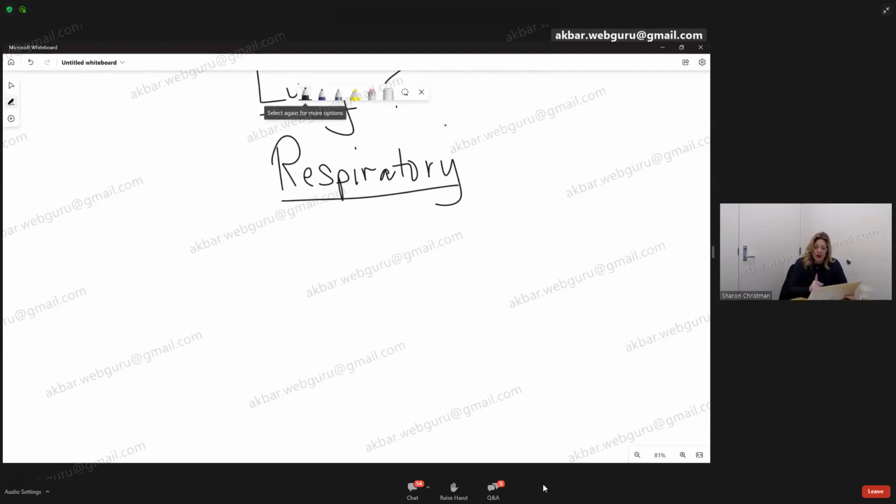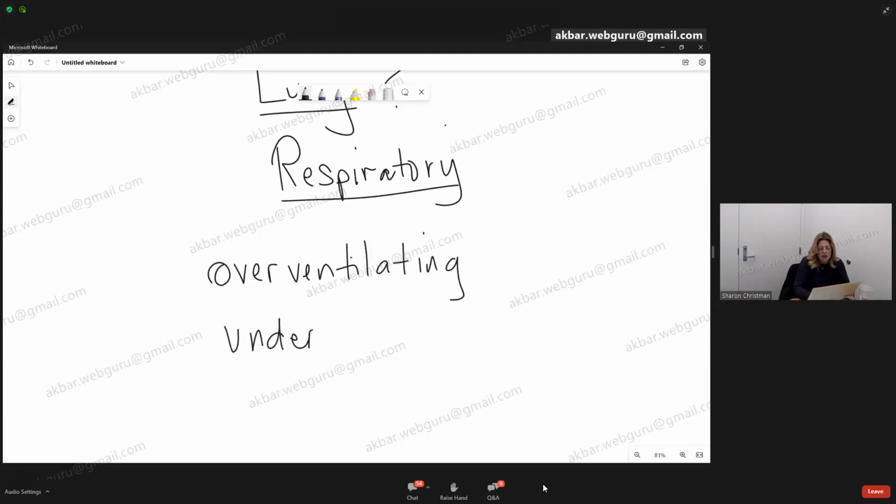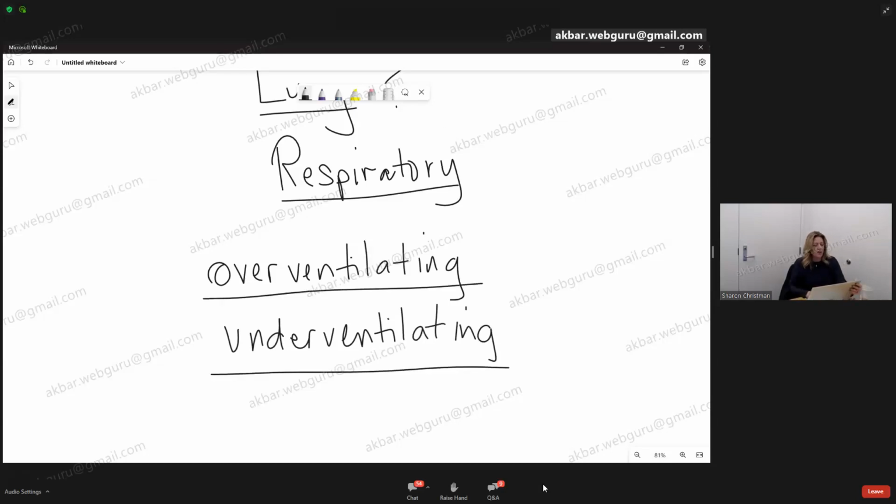Okay, so then you ask yourself, keep going in this gray box, then ask yourself, are they overventilating or underventilating? Are they overventilating? Overventilating or underventilating?